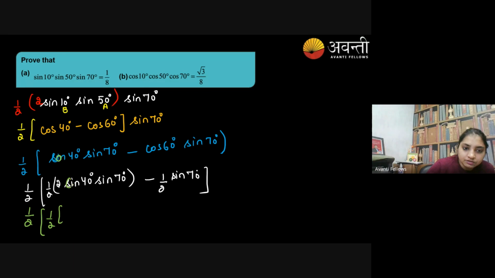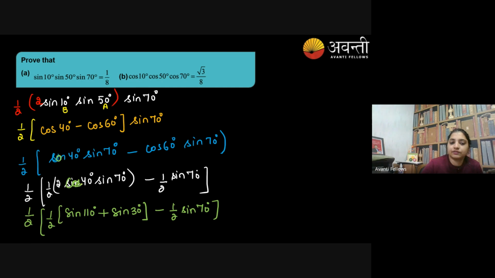Not same, it's cos 40, right? So 2 sine A cos B will be sine A plus B, 110 degree, plus sine A minus B, sine 30 degree, minus 1 upon 2 sine 70. Any doubt till there? Then let's have a discussion.